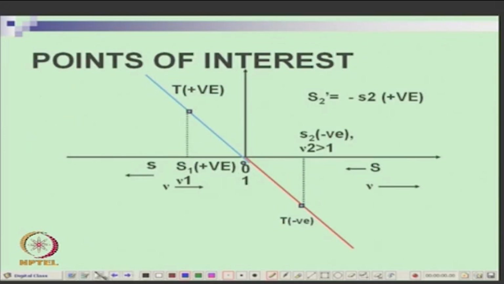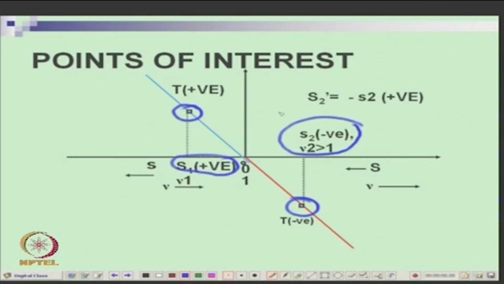Now, we also said that typically in the torque speed characteristic, this is the torque speed characteristic, you have a motoring operating point and a generating operating point, okay. And this has a positive slip here and this has a negative slip here, okay.